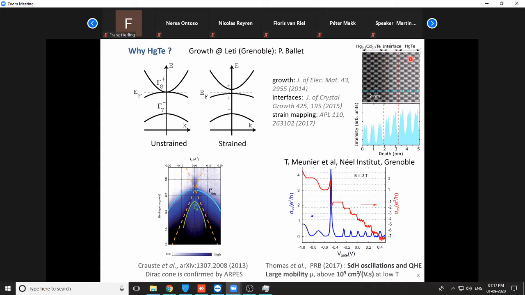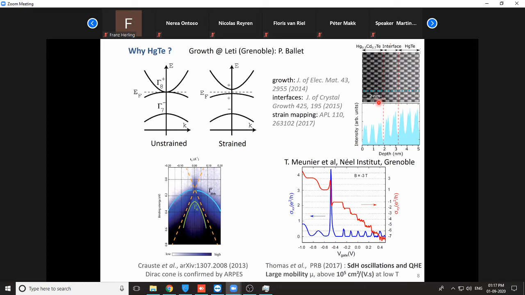So we have mercury telluride and cadmium mercury telluride barrier, and we see through the annular signal that the chemical interface extends only around the two atomic planes, around 1 nanometer.